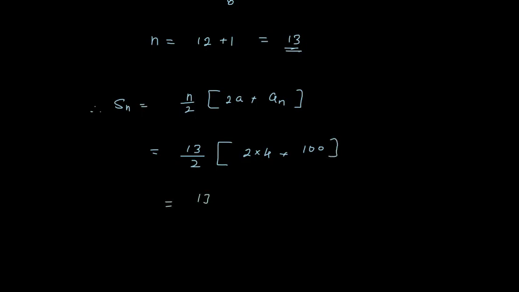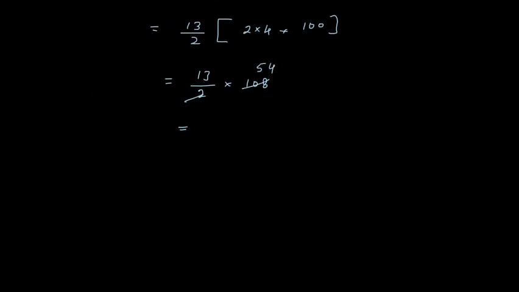So this is 13 divided by 2 multiplied by 8 plus 100, which is 108. We can cancel with 2: 2 fives are 10, 2 fours are 8. So this is 13 into 54. 13 fours are 52, 5 carry, 13 fives are 65, plus 5 is 70. So 702 is the sum.